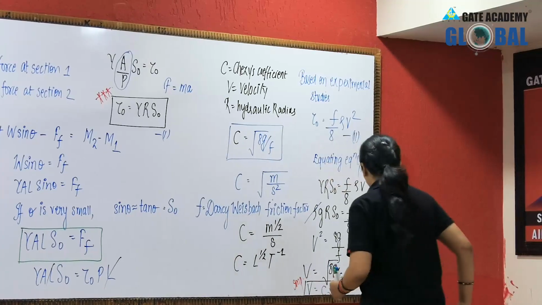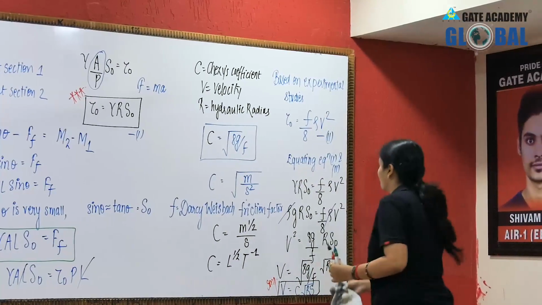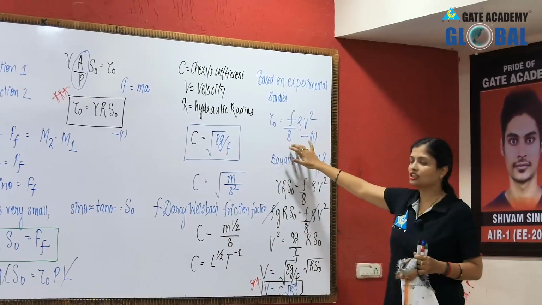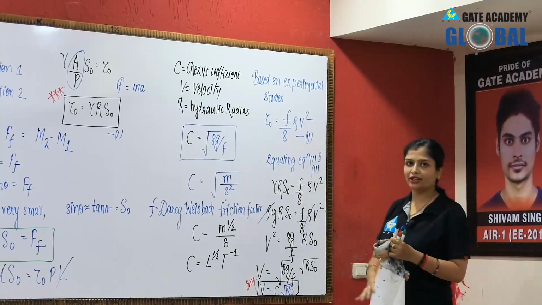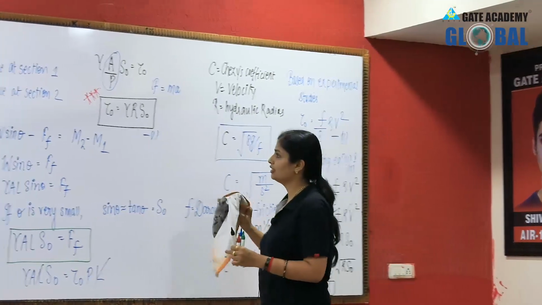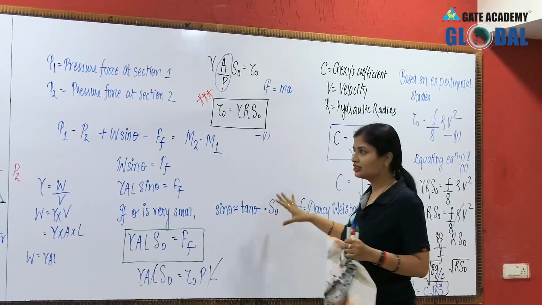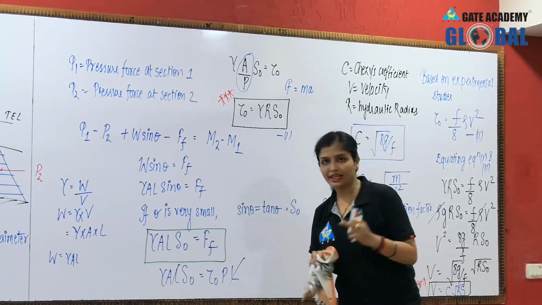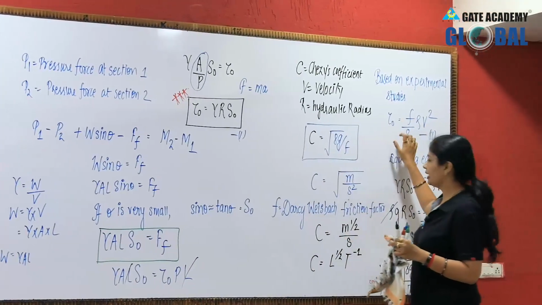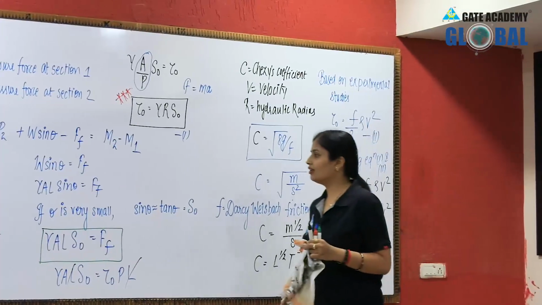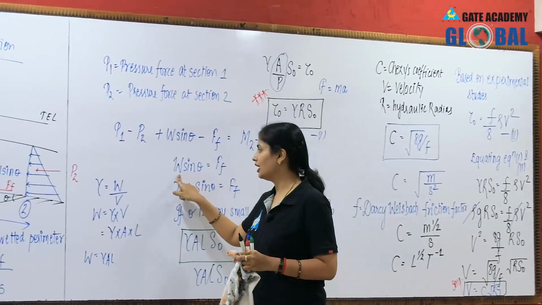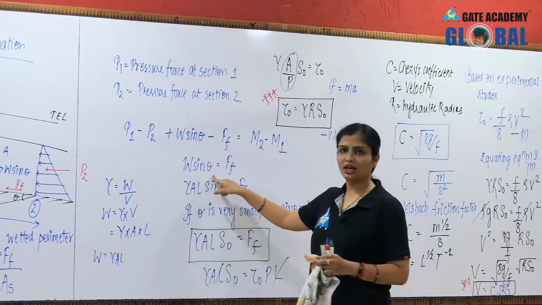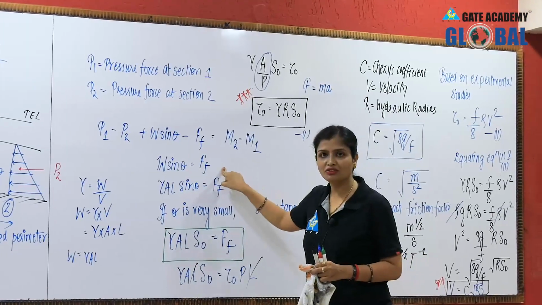Now, if you ask me how you got this tau naught is equal to f by 8 rho V square, because I told you based on experimental studies. This portion, is it clear to you? Before dealing with the part how it came, I want you to write one thing. Here you got the result W sin theta is equal to frictional force.